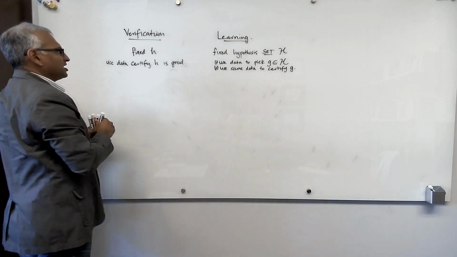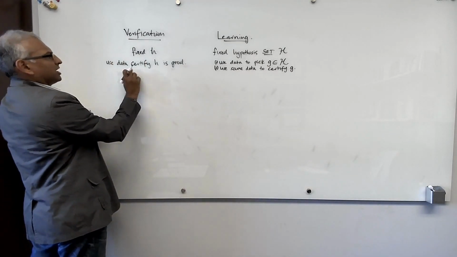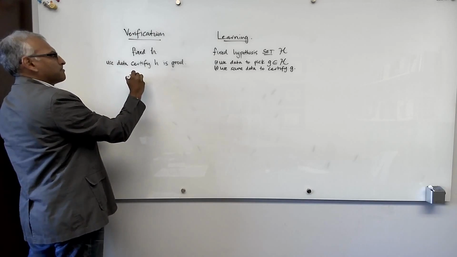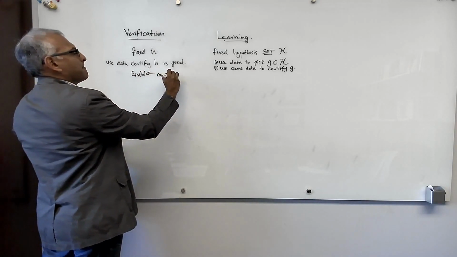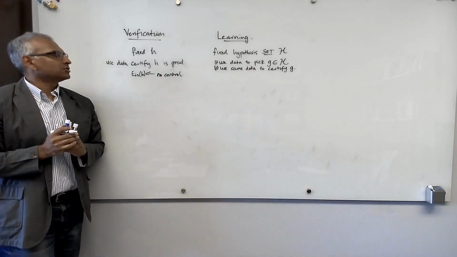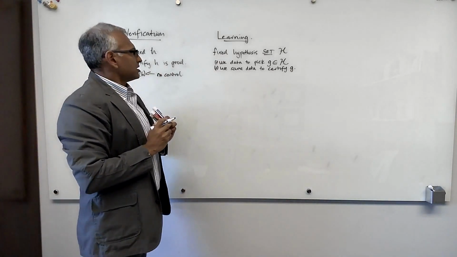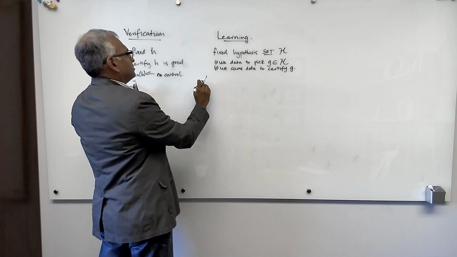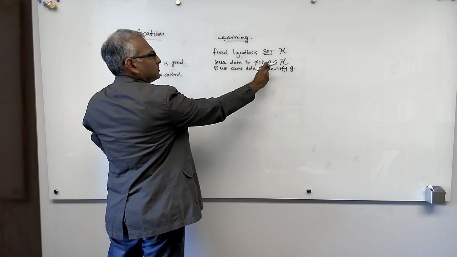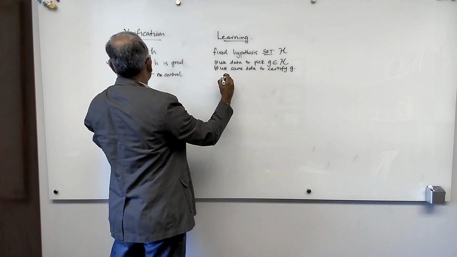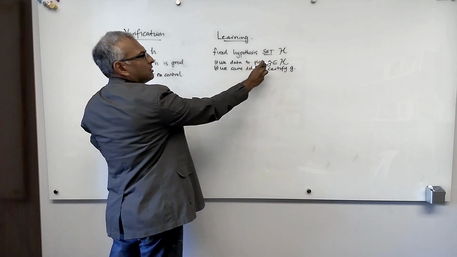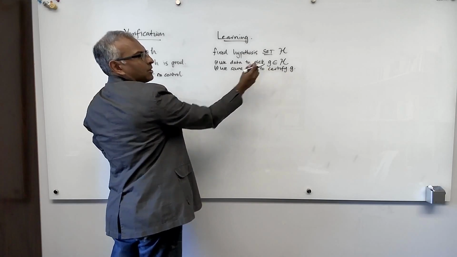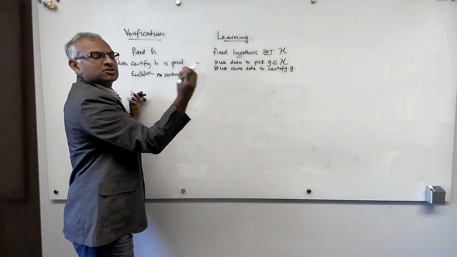So in the verification setting, you use the data to compute E in of H. And you don't have any control over it. In the learning scenario, you can certainly compute E in of G. But more importantly, the G that you pick will have the smallest E in, the smallest in-sample error.